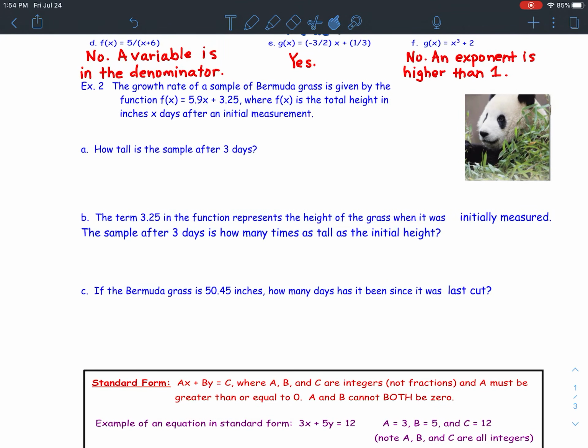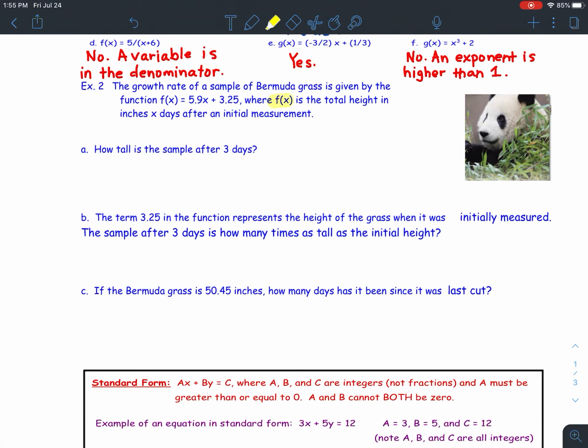It says the growth rate of a sample of Bermuda grass is given by the function f of x equals 5.9x plus 3.25, where f of x is the total height in inches and x is the days after the initial measurement.